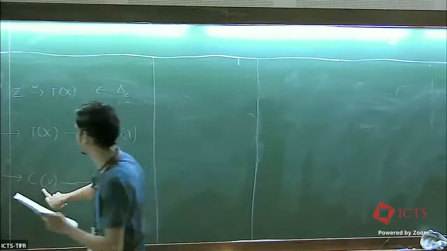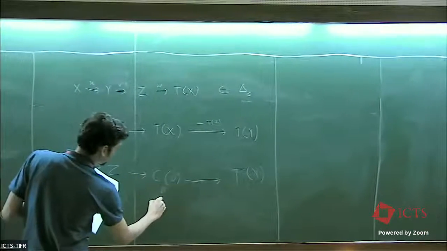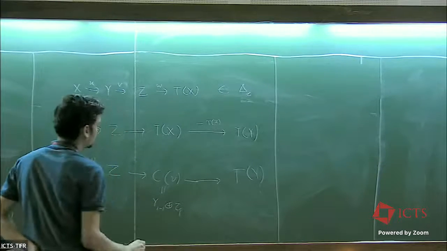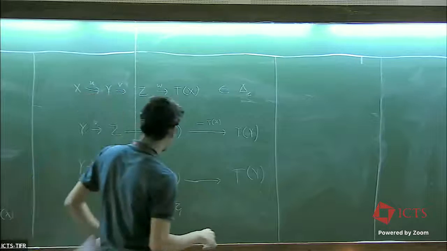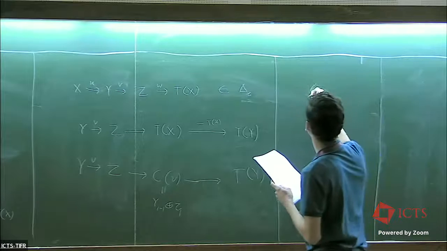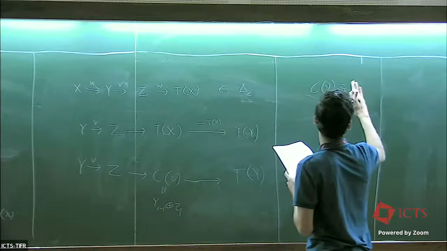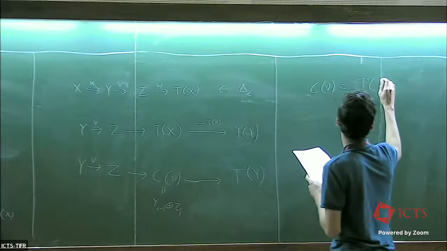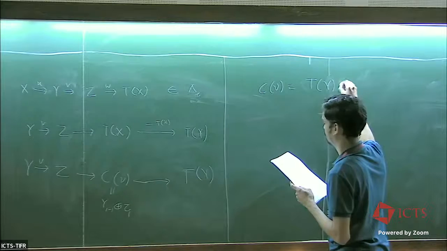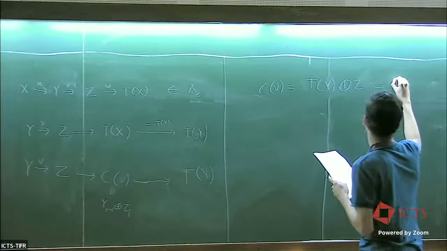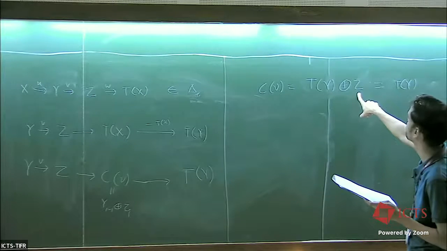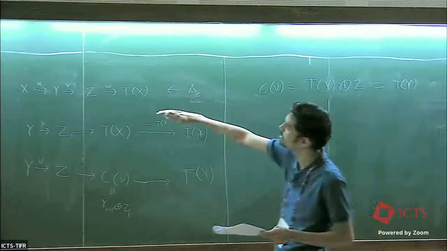So notice that this C of V, its ith component is yi minus 1 direct sum with zi. So it is like T of y, but we are starting with this distinguished triangle.